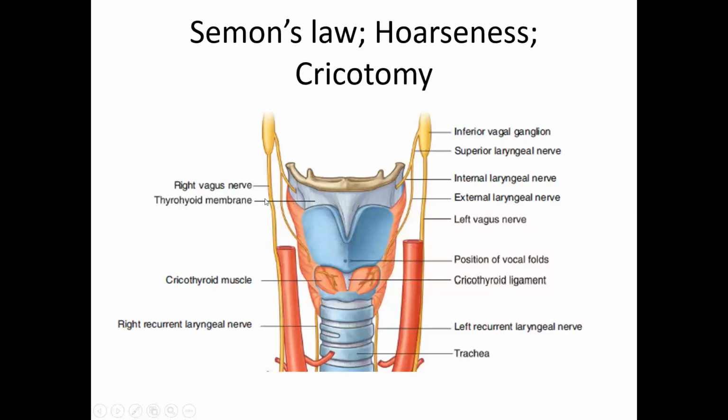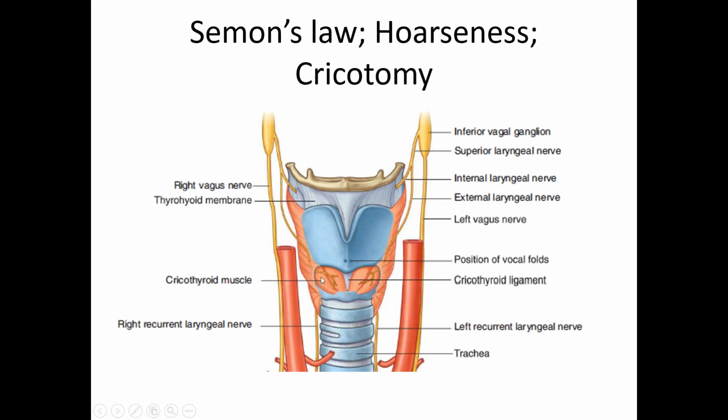One must remember that the cricothyroid, which is on either side, is usually not damaged in cricotomy. Cricothyroid is a muscle which causes tenseness of the vocal cord. If the cricothyroid muscle is paralyzed, due to damage during surgery, note that cricothyroid is supplied by the external laryngeal nerve, whereas all the remaining muscles of the larynx are supplied by the recurrent laryngeal.